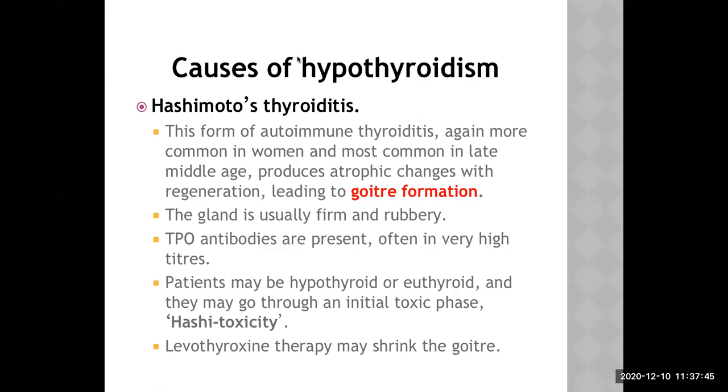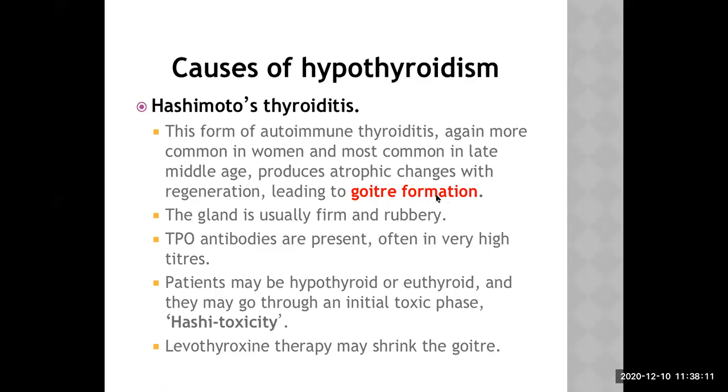So we're talking about the causes of hypothyroidism. Another important cause is Hashimoto's thyroiditis. This is a type of autoimmune thyroid disorder where the thyroid gland is destroyed. But it has one difference from the atrophic type of thyroiditis: it leads to goiter formation.